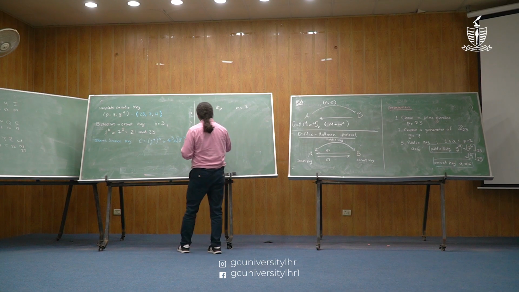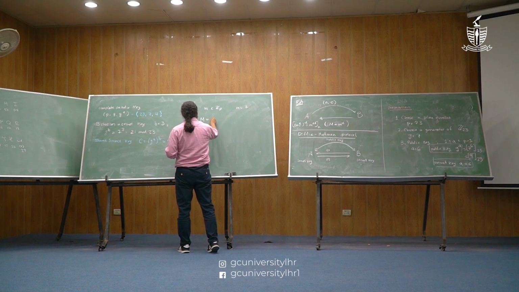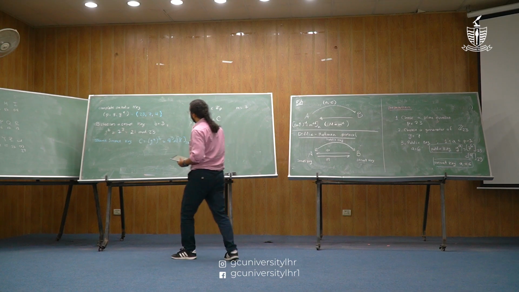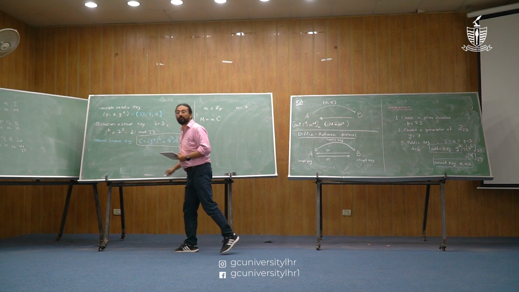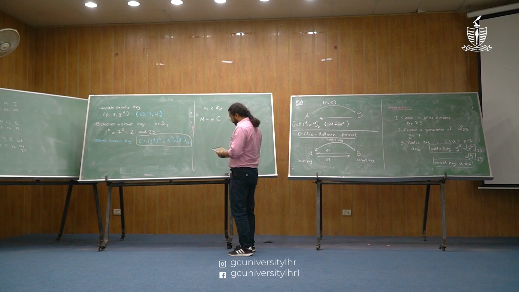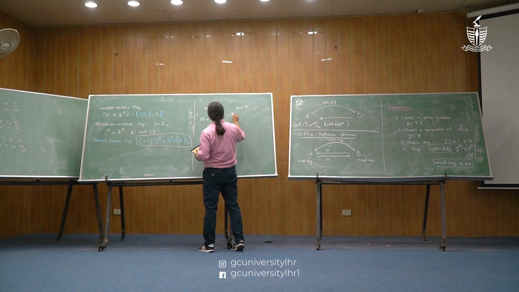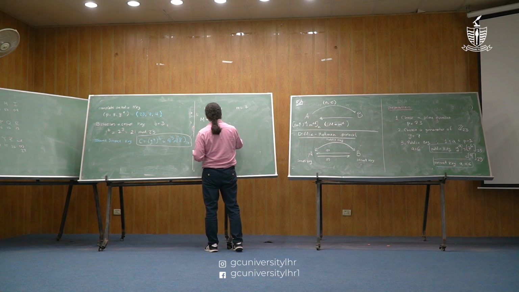So the encoded message will be given by M times C. Recall that C is this, that is helping us to encode the message. So this means that our message will be 7 times 4, modulo 23.